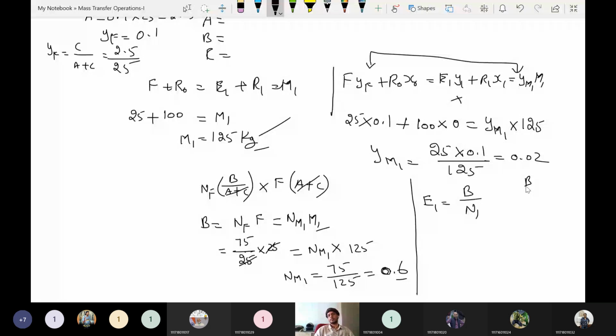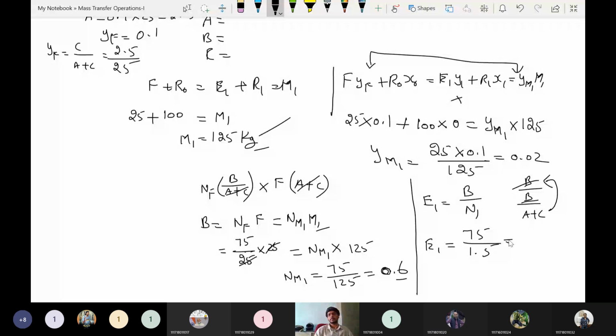B is inerts only, which they have given as 75 kg. So 75 divided by 1.5 is equal to 50 kg.